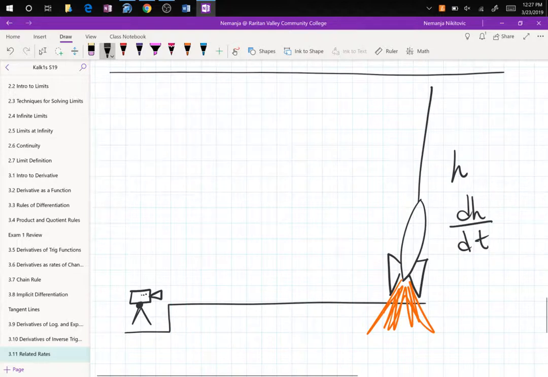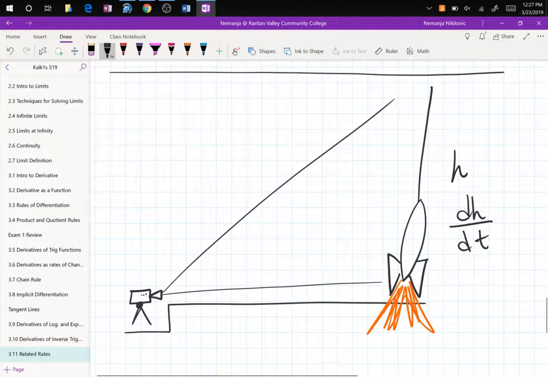So now my camera is going to shoot. This rocket is now too big for the way I drew the camera, because the camera is going to start shooting from here all the way up, and needs to rotate this way with what we call angular velocity omega, but that is just a change of angle in time.